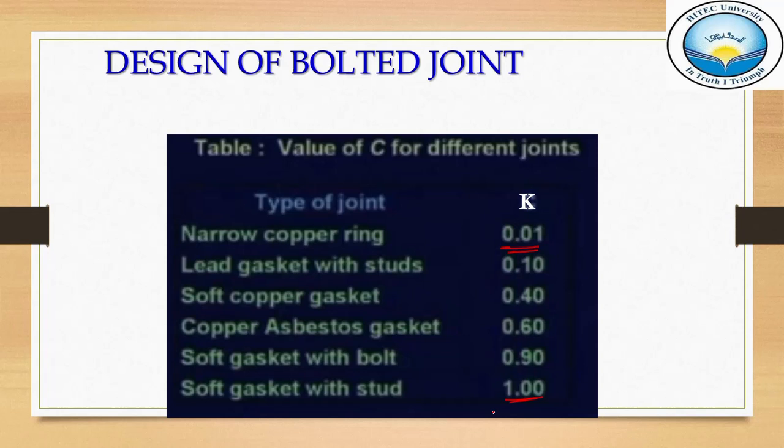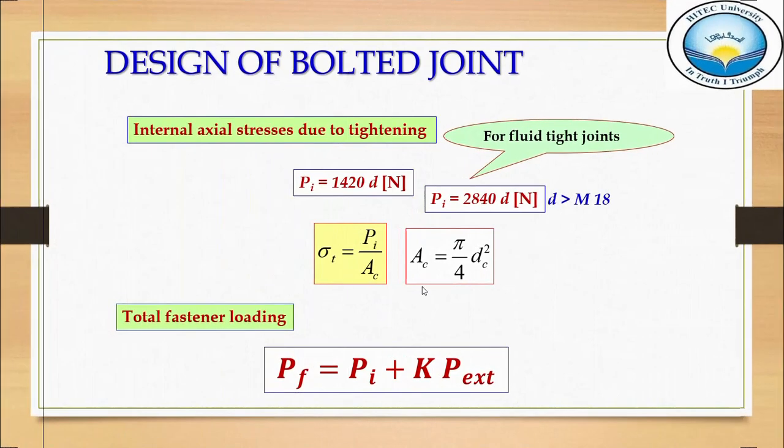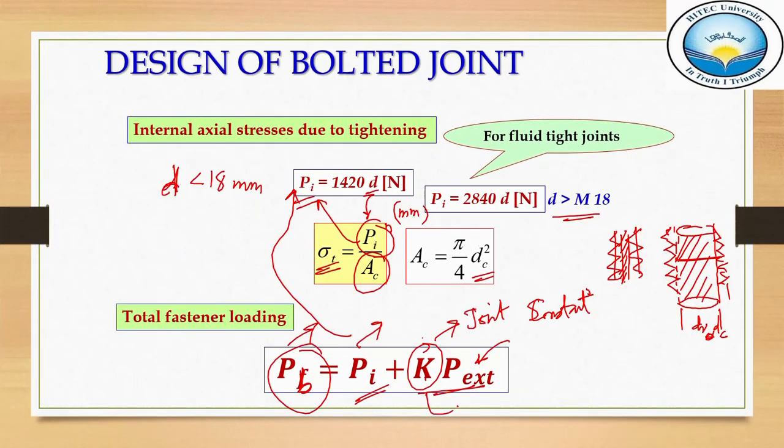So if you use hard metals like copper rings or lead gaskets, you get a much lower value of the joint constant, and then your total load is reduced because of this factor K, because K is directly multiplied with the external load.